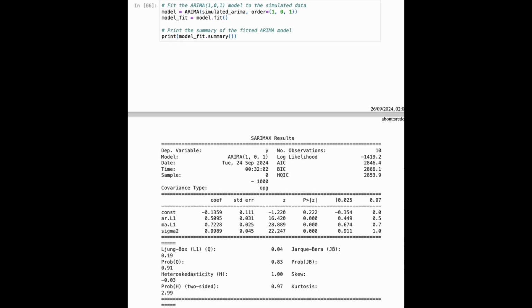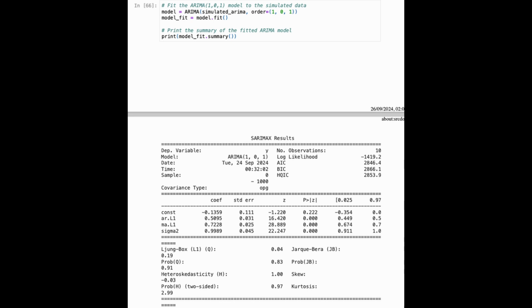AR.L1 is the coefficient of the lag-1 autoregressive term. The value is about 0.5095. It means that the series' past value positively influences the current value. With a very small p-value, this term is statistically significant.